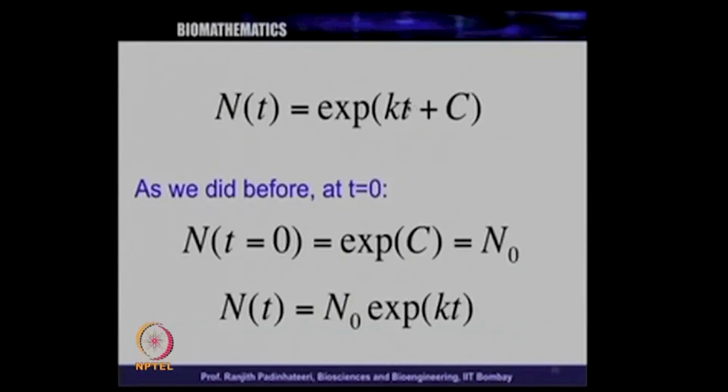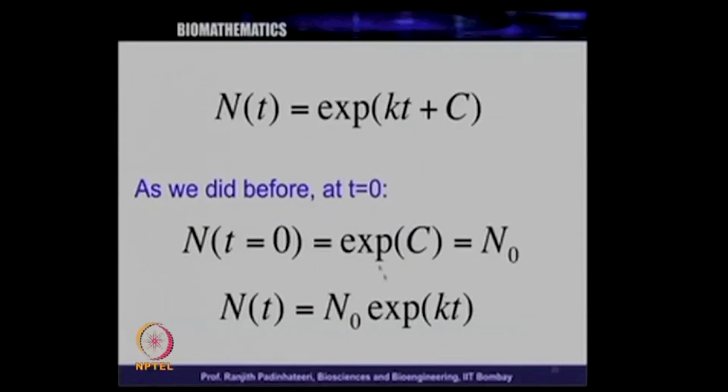So, for a given value of t, given k and c, you have n. Now, as before, when t equals 0, we get n of t equal to 0, that is n0, equal to e power c, because k into t becomes 0. So, e power c is equal to n0.